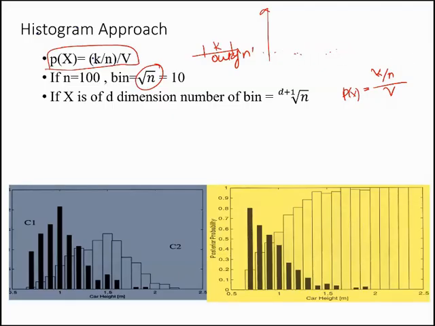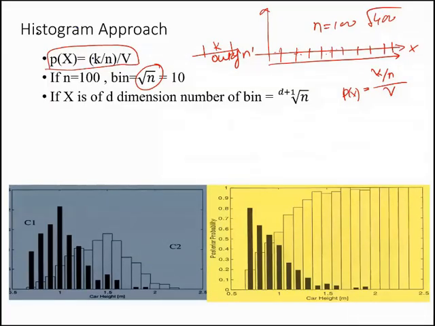So if this is my scale of x, then I will divide this like this in 10 equal bins, provided I have n equal to 100. Now if suppose n is equal to say 400, then you will go for square root of 400, so maybe 20 bins. So like that we can do this.